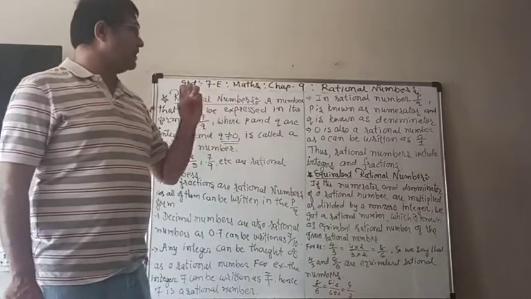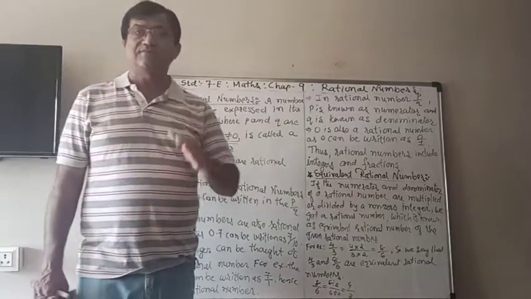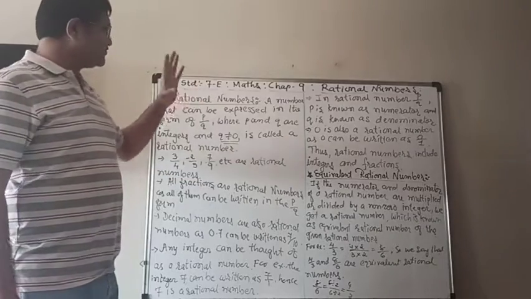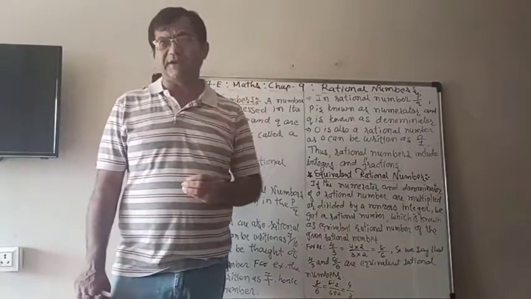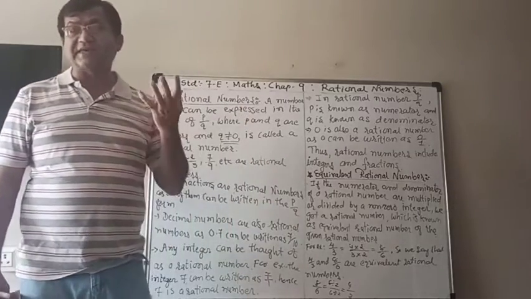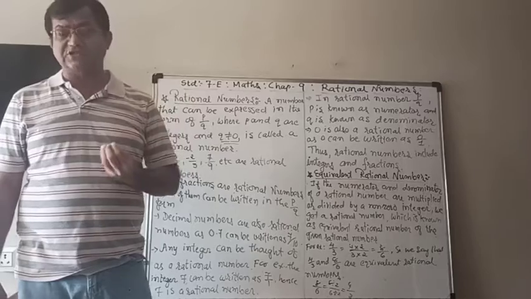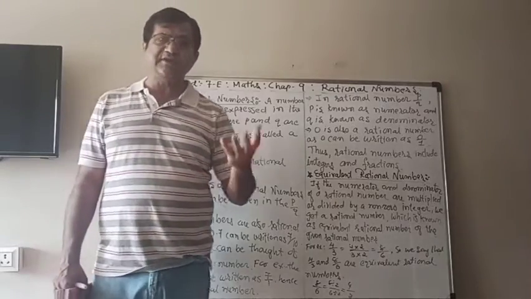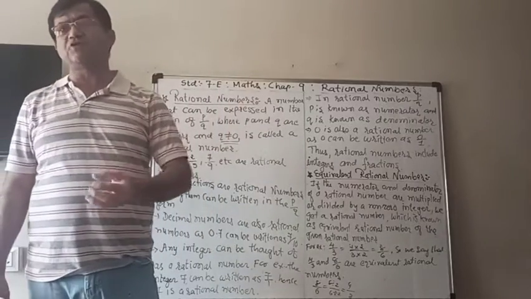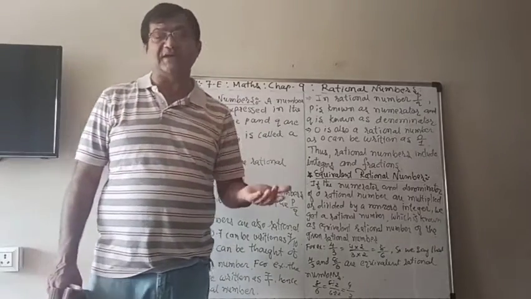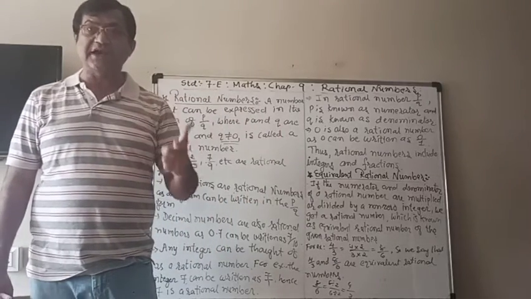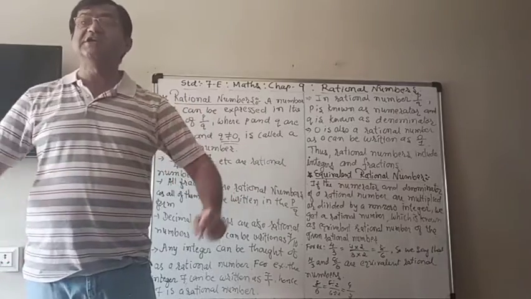So what did we learn today? Let's revise and then we will finish our video. First we saw rational numbers. Why do we need rational numbers? Because some numbers cannot be expressed as an integer. When we deal with parts of a whole, like kilometers to meters and meters to kilometers, rupees and paise, and many other things, they sometimes cannot be expressed as integers.